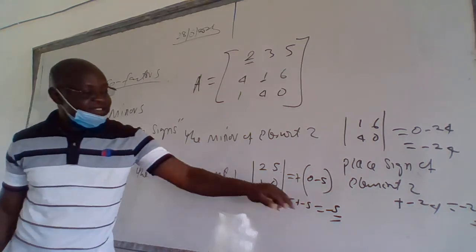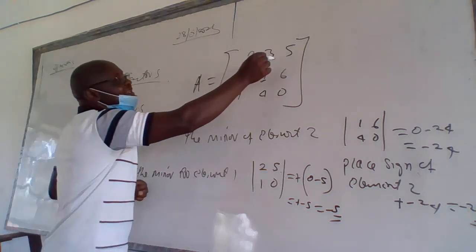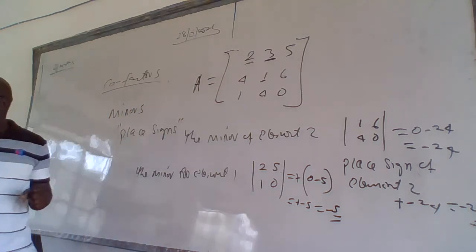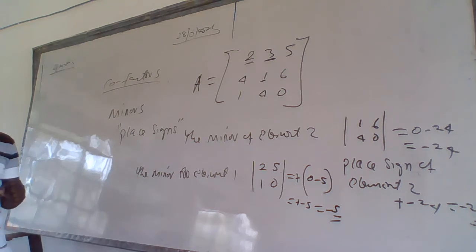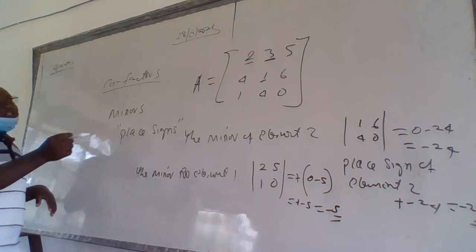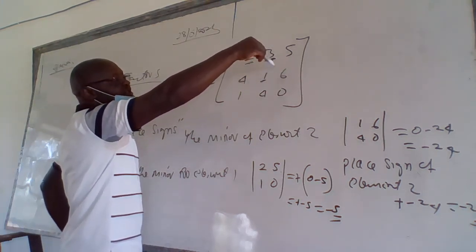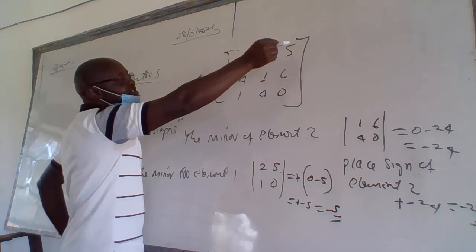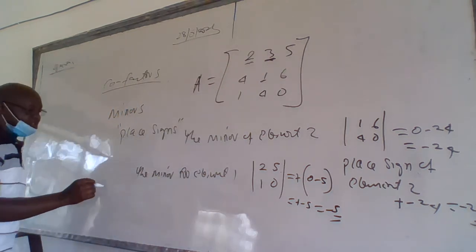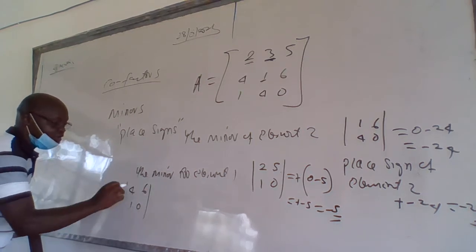Then let's find the cofactor for element 3. The minor for element 3, we block that column and this row so that we have 4, 6, 1, 0.